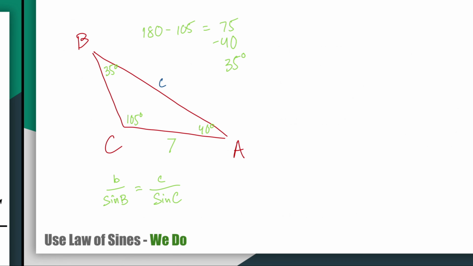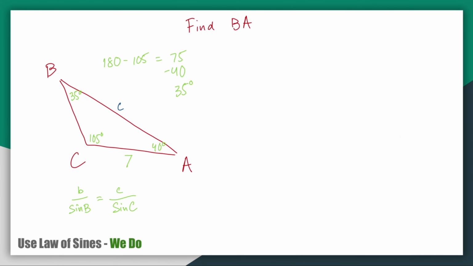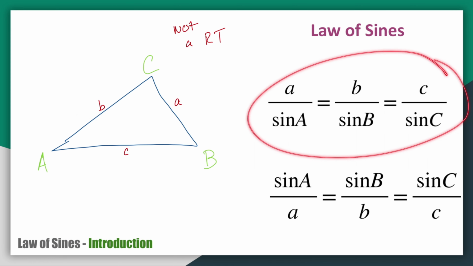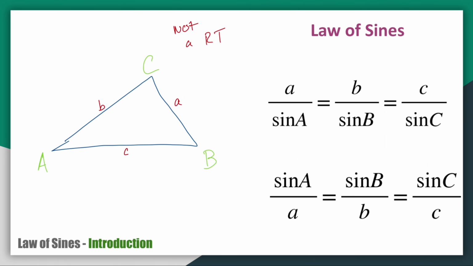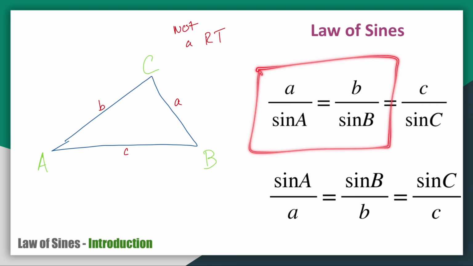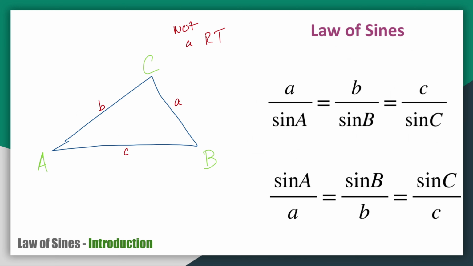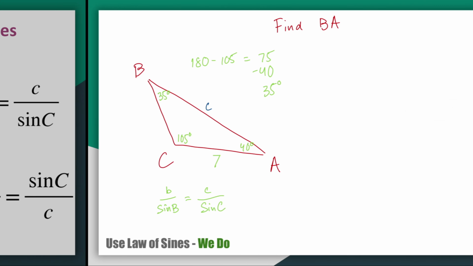That's how you're going to want to line these up always, and you're going to have to do a combination of that, because remember, we can set any of them equal to each other, but when we do something like this, we want to have 3 out of 4 of those pieces of information. That's how we set these up, and so we're going to use a combination that gets us that 3 out of 4 so we can find our missing. If you have more than one missing when you set up these equations, it's not going to work.